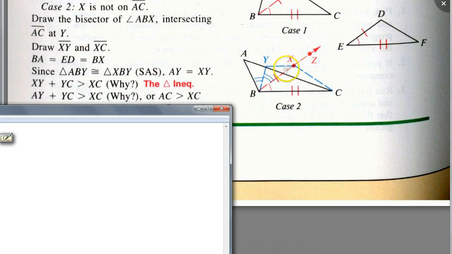From there we know that AC is greater than XC. But is that what we wanted to prove? No, we wanted to show that AC is greater than DF. Is there a way to go from AC greater than XC to AC greater than DF?